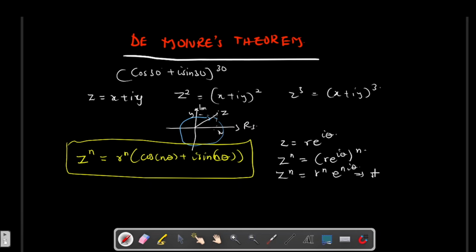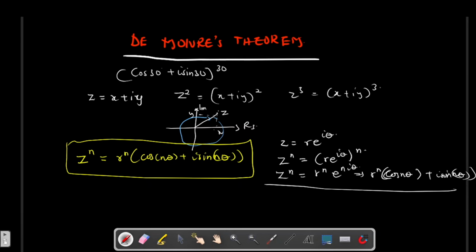This simply becomes r to the power n cos n theta, because it's cosine of the angle which is attached to the i, and the angle is n theta, plus i sin n theta, right? So that is all. This is all you have to know about the Moivre's theorem.